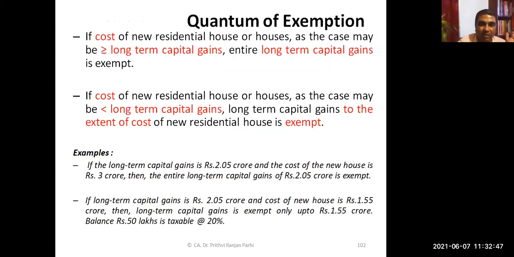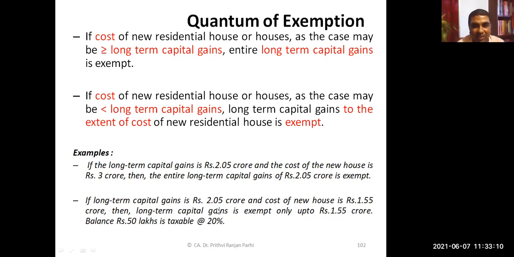Now, here are two more examples. Let us say the long-term capital gain is 2.5 crore and the cost of the new asset is 3 crore. That means investment is more than the long-term capital gain. Then the entire long-term capital gain of 2.5 crore is exempt. Another example.